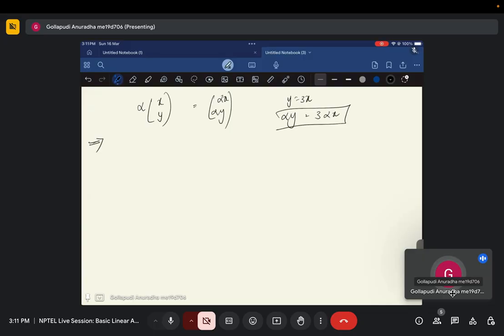Okay, take one true or false question. The set of 2 by 2 matrices with real number entries is not a vector space.